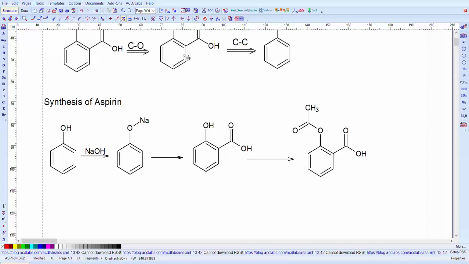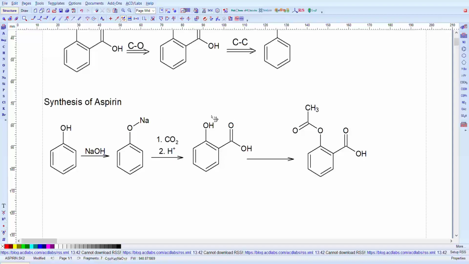Then sodium phenoxide reacts with CO2 and H plus. So what is next? Next I would like to pass the CO2 stream, or CO2 gas, and then the second step is acid attack. Then I will get benzoic acid here at the ortho position, and H plus to convert this ONa to OH. It's quite simple.